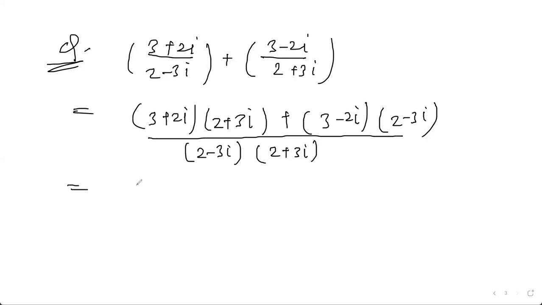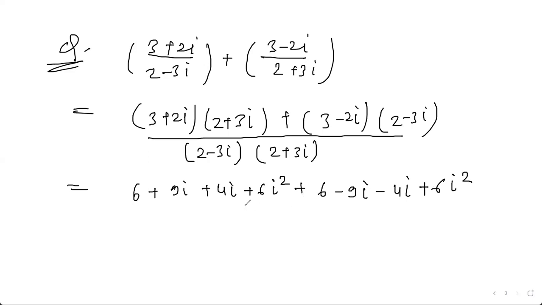We can write it as 6 plus 9i plus 4i plus 6i squared, plus 6 minus 9i minus 4i plus 6i squared, and in the denominator 4 minus 9i squared, so this becomes plus 9.